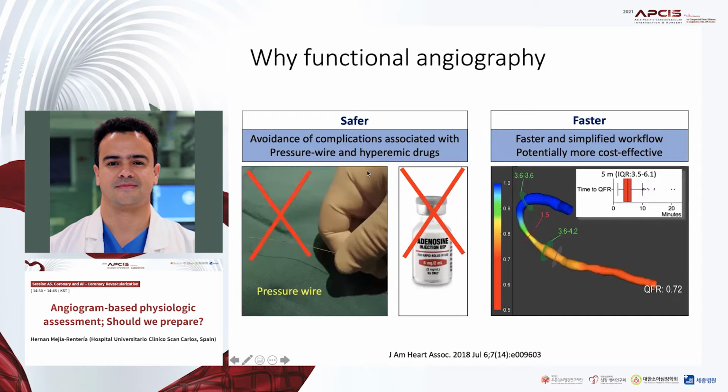Therefore, considering that functional angiography doesn't need introducing a pressure wire into the coronary vessel, doesn't need hyperemic drugs like adenosine, and that in expert hands these methods facilitate a fast computation of FFR, we can anticipate that functional angiography can be safer and faster than invasive FFR.